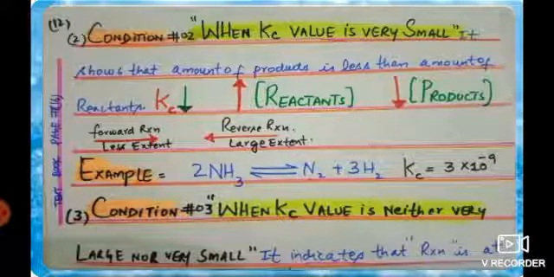When 2 moles of ammonia decompose, it results in the formation of 1 mole of nitrogen and 3 moles of hydrogen, and the value is also provided, 3 into 10 power minus 9. So here the minus power shows a very small value of Kc. So it means here mostly the reactants like ammonia will be present, and the products nitrogen and hydrogen will be in less amount here.